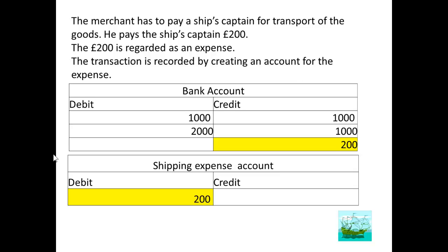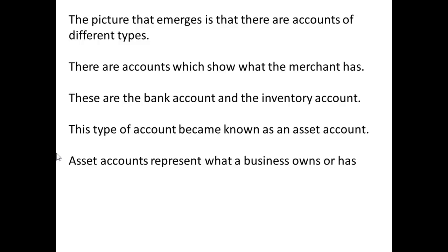So we need to record the expense, so it's a £200 credit from the bank. In other words, the bank account is lowered by £200, and the debit goes to a shipping expense account, a debit of £200.